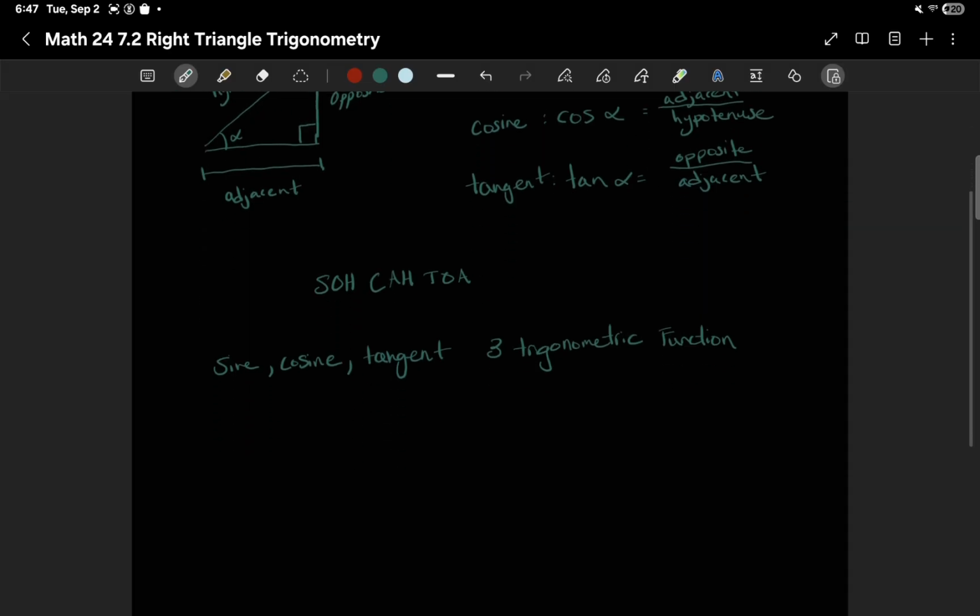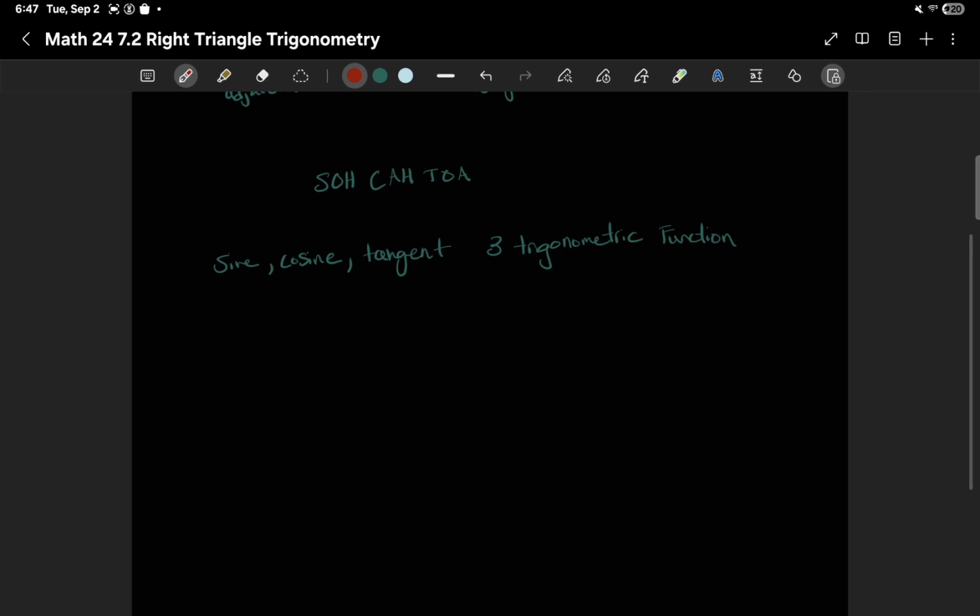To drive this point home, we're going to do a quick example with a triangle. I'm going to draw a triangle here in red, call this angle alpha once again, and just choose some numbers. Say this is 8, this is 15, and this is 17.